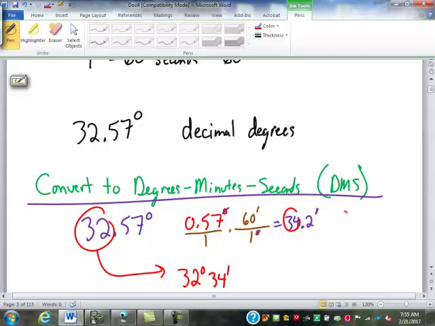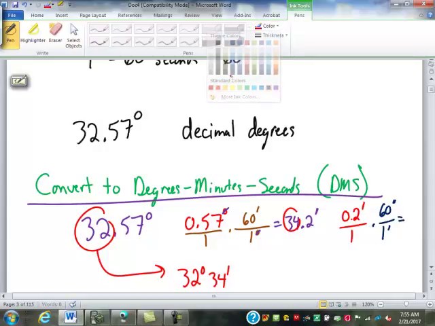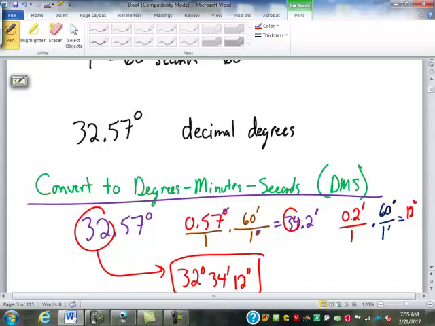And now I have the 0.2 minutes I need to convert into seconds. Well, 1 minute is 60 seconds. So 0.2 times 60 is 12 seconds. So that's 32 degrees, 34 minutes, and 12 seconds when we convert.